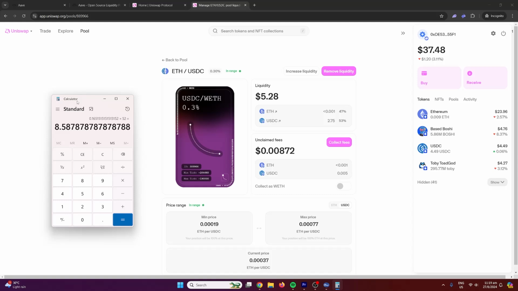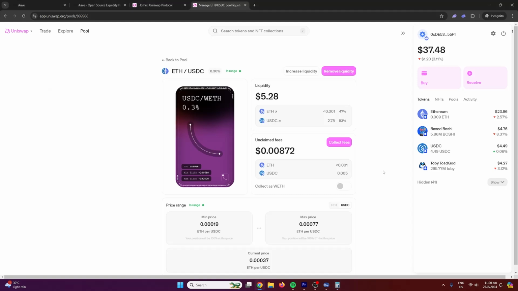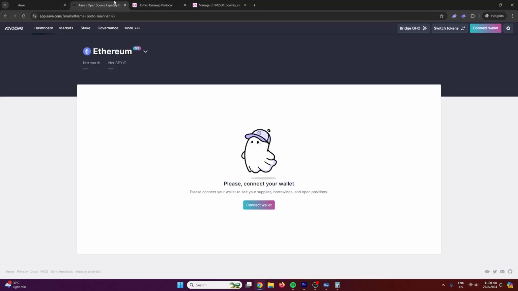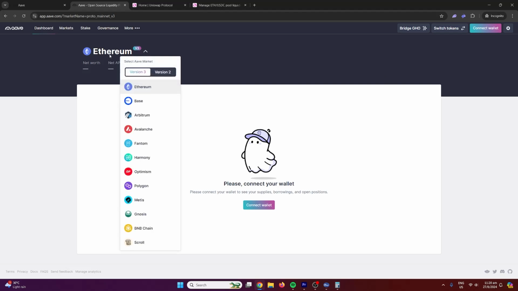So now let's go back to this week's tutorial content, which is we're going to add crypto assets into Aave. So let's begin. When you arrive at the app of Aave, firstly, let's choose the chain that we are going to be using.